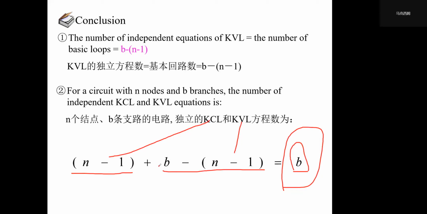And if they don't match this conclusion, probably something is wrong with the equations we listed. Or if the number is less than this one, that means there must be some constraint relationship we didn't notice. So we have to do it again to find the missing equation.